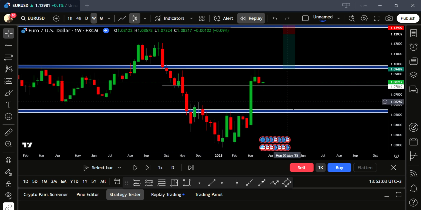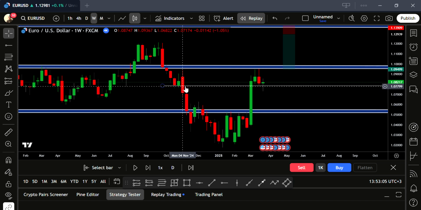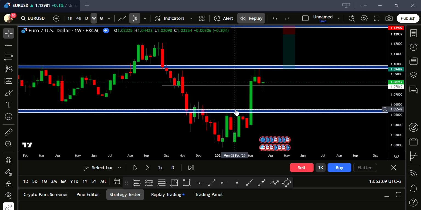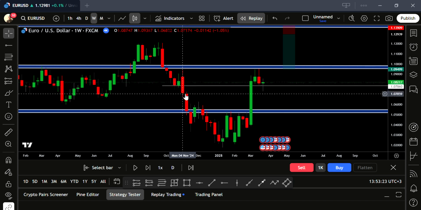Now the second question is, has this support been tested before? Has it been tested by a wick? We don't count a candle. Remember, a candle makes an unfresh zone become fresh. So we do not retest with a candle, we retest with a wick. Do we have a wick retesting this support? No. We have a full candle here, which makes it fresh, though it was still fresh.